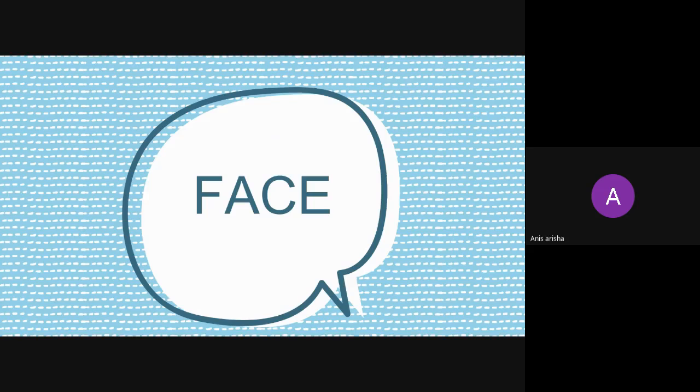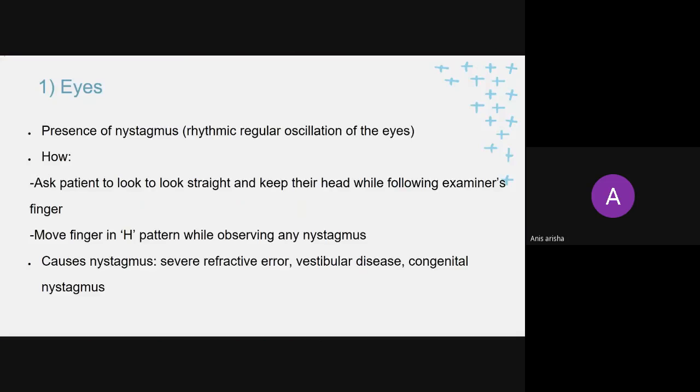After assessing the posture, we go to the face. For the face, we assess the eyes, because we want to look for any presence of nystagmus. Assessing nystagmus is similar to the extraocular muscle examination in cranial nerves 3, 4, 6.